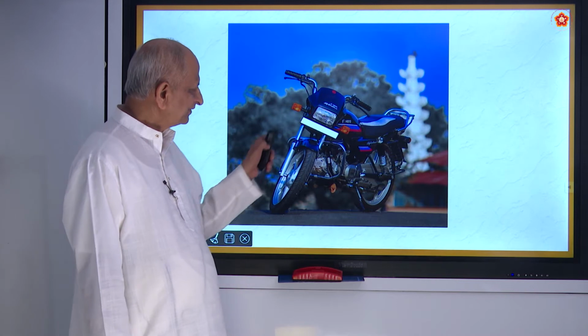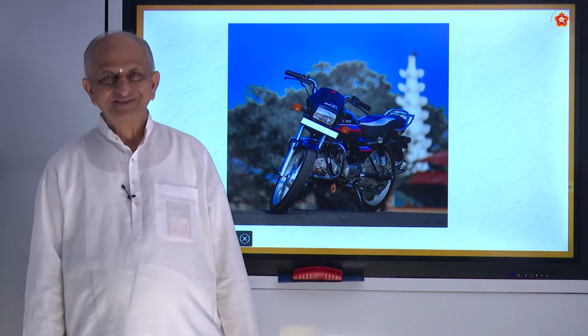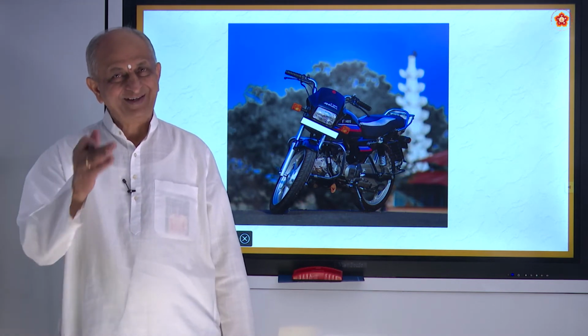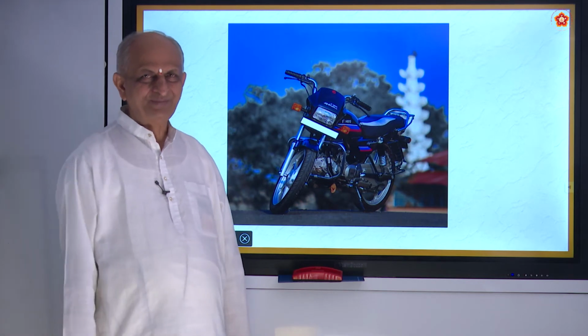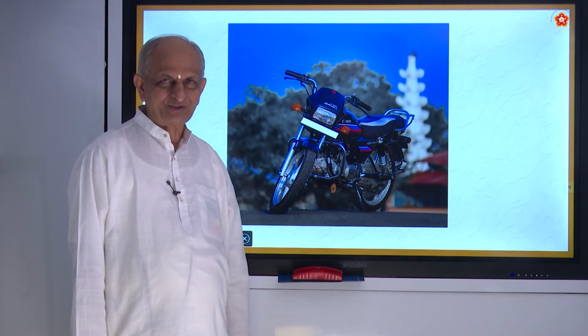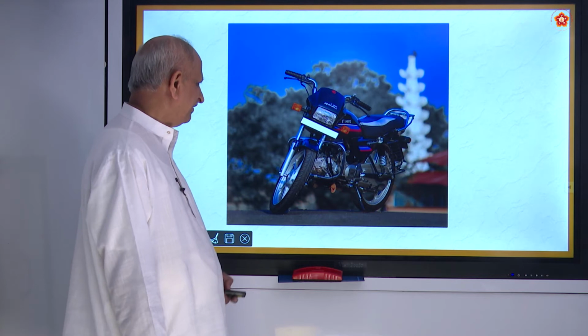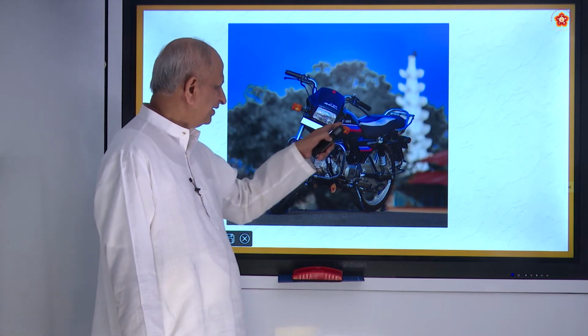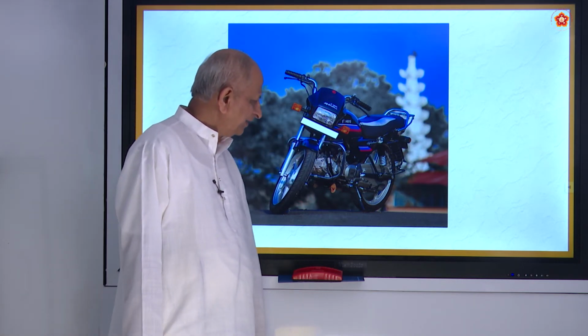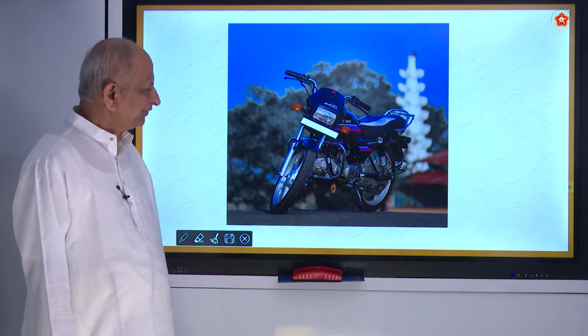Now what is this? It is a two-wheeler. Of course, most of you know. How many of you know two-wheelers? Yeah, at least a cycle you will be knowing. Young girls also. Nowadays they give cycles in the schools. Government has given. So this vehicle is called Hero. And the mileage may be around 35 to 40 kilometers.